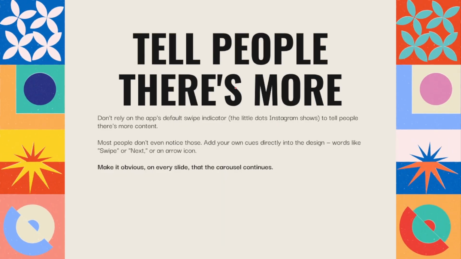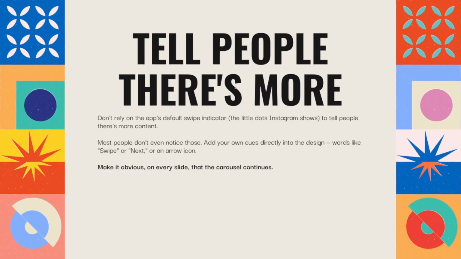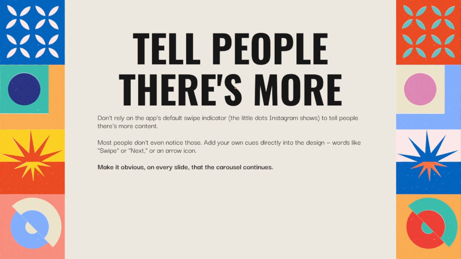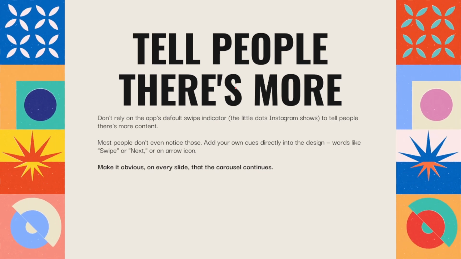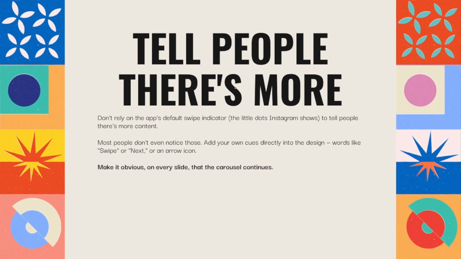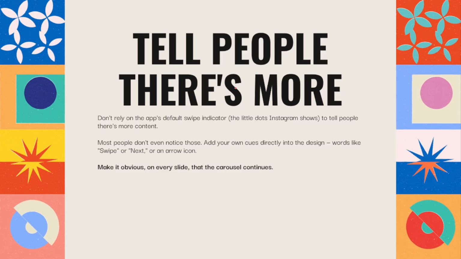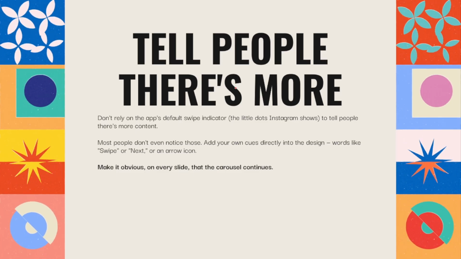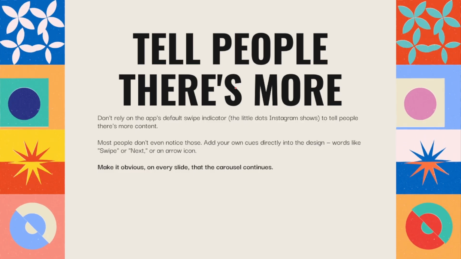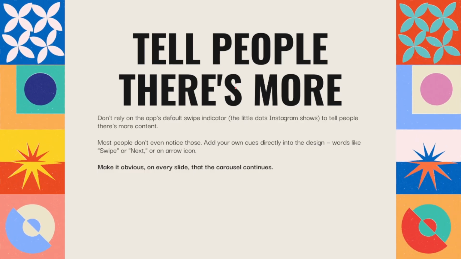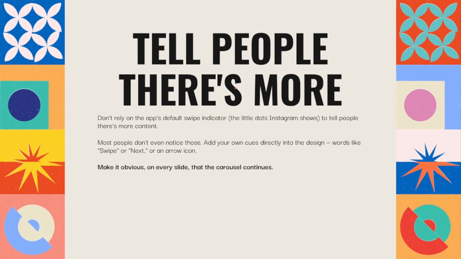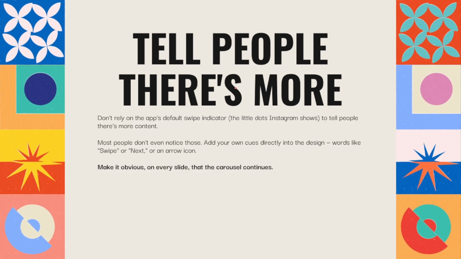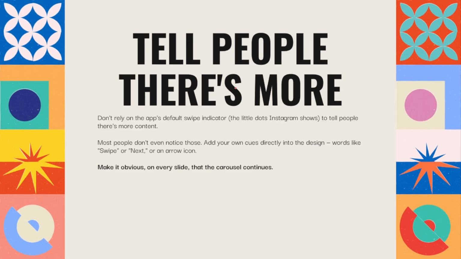We'll be seeing all these things. This is just an overview. I mentioned the other time, and I'm going to say it again, that you should not rely on the app's default swipe indicator. That is the one that appears when you are just posting pictures of yourself and you are not designing it. But when you are designing a flyer, it's best you have something like swipe. You would have seen posts online where they say swipe or see more or next.